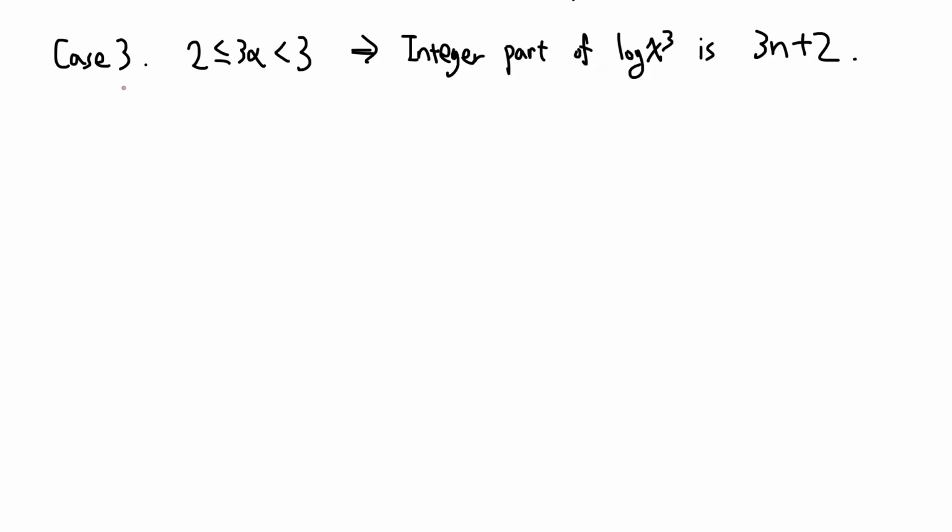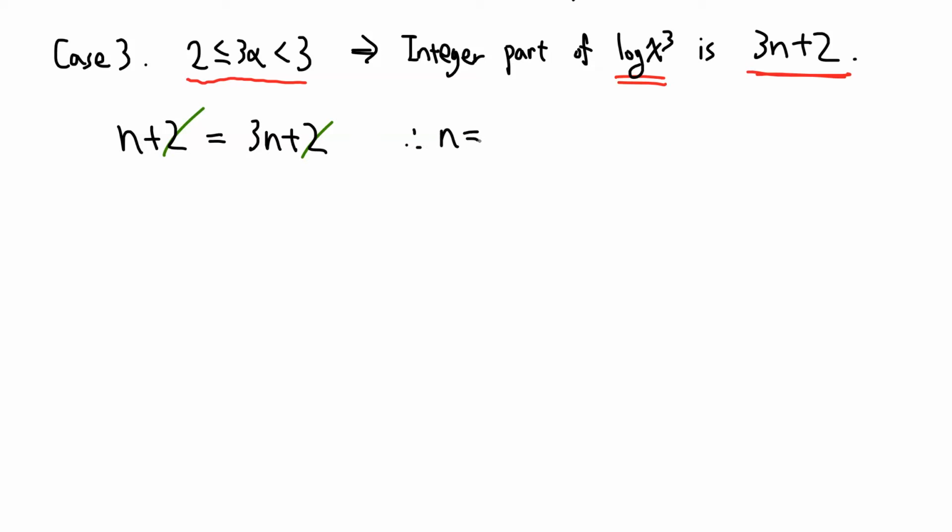Now let's take a look at our third and final case. Here 3 alpha is in between 2 and 3, and in this case the integer part of log x cubed is now 3n plus 2. So we have n plus 2 equals 3n plus 2, and these 2s cancel out, so we have n equals 0. So log x is n plus alpha, and now it becomes simply alpha.